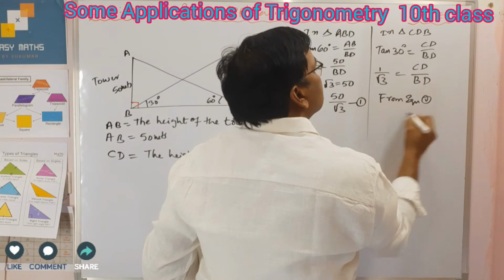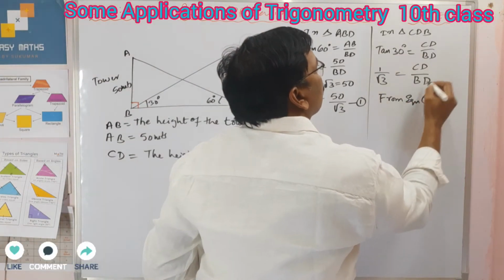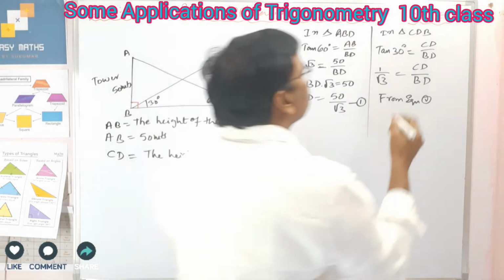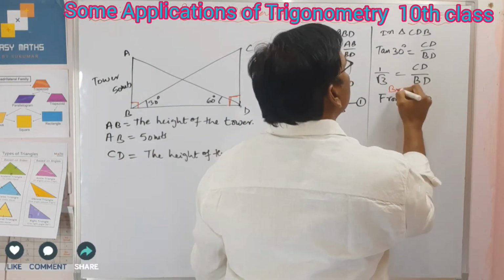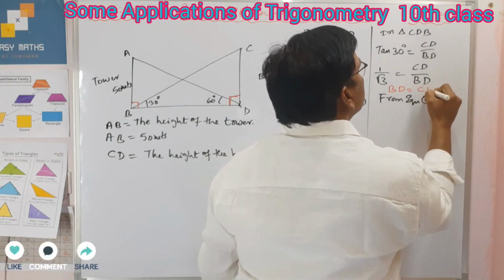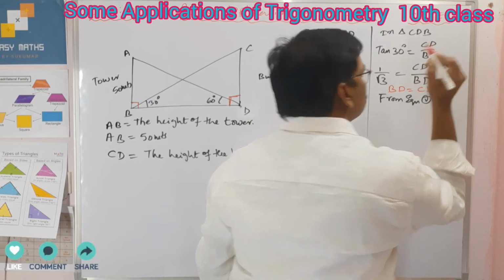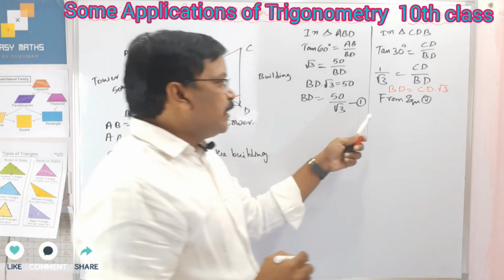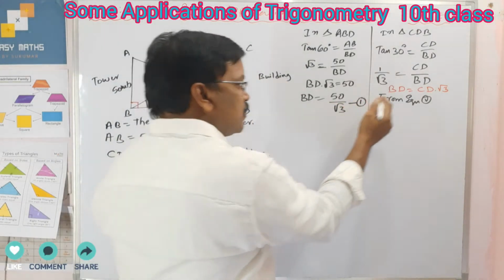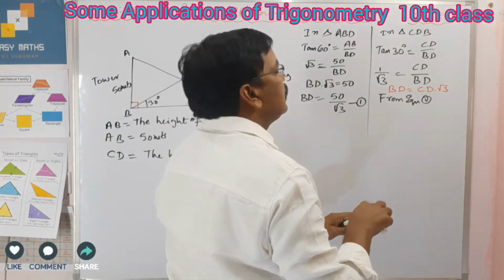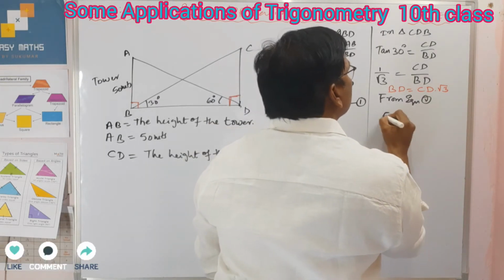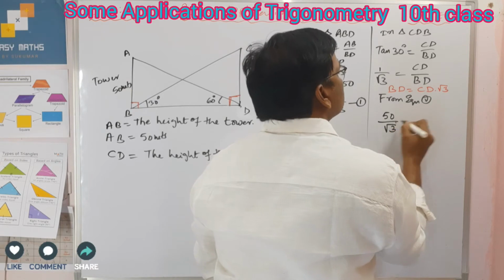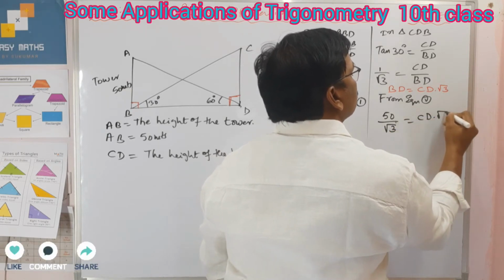Let me write here. From equation 1, by cross multiplication, BD is equal to CD into root 3. So here, BD means 50 by root 3. 50 by root 3 is equal to CD into root 3.